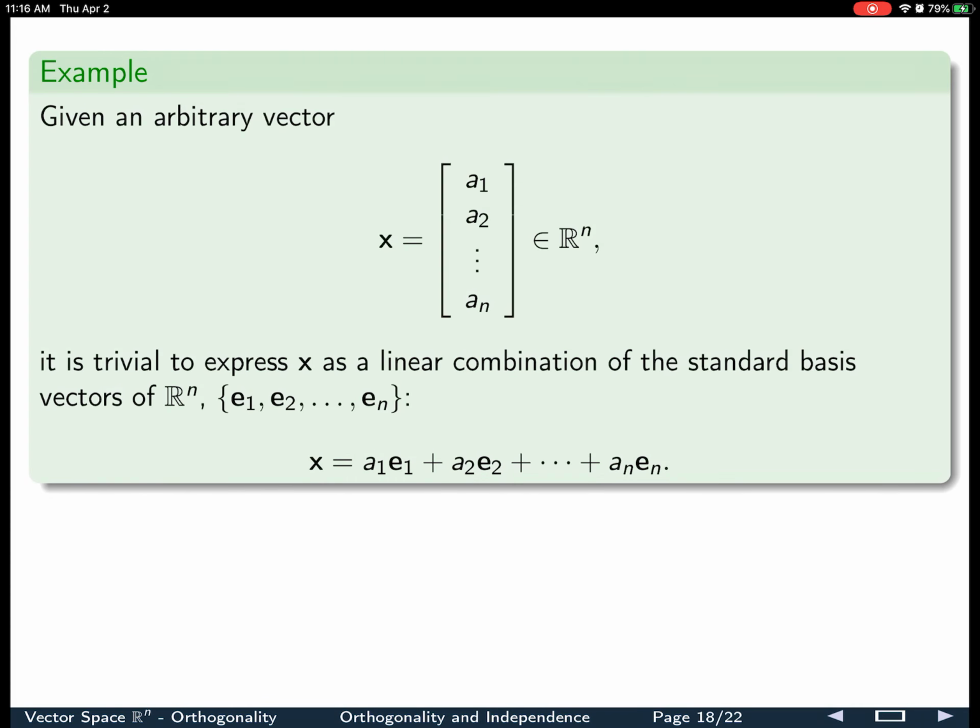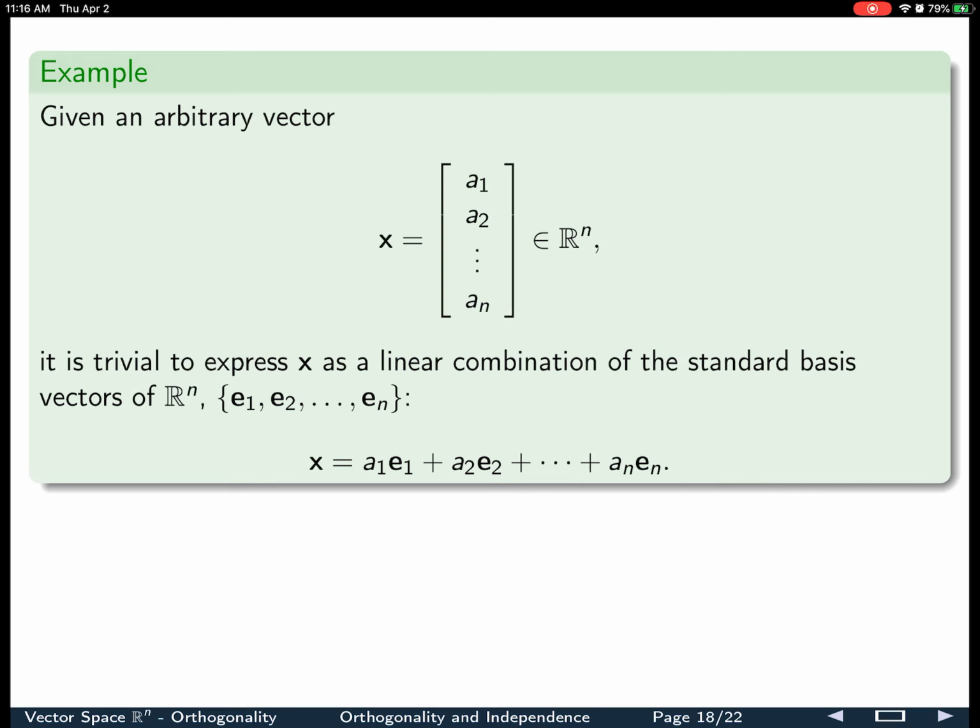Given an arbitrary vector x, it is trivial to express x as a linear combination of the standard basis vectors, because literally all you do is multiply all of the components of x times each standard basis vector.